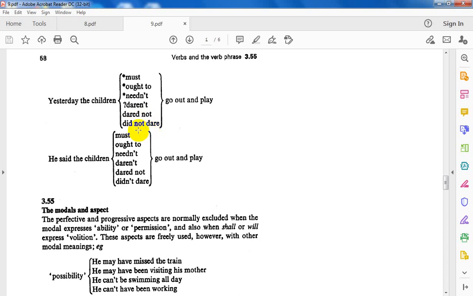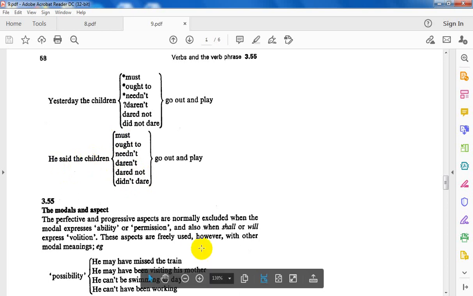But all of these options will be okay if the speech is reported speech. He said the children must, ought to, needn't, daren't, dared not, did not dare. It is okay because it is reported speech.